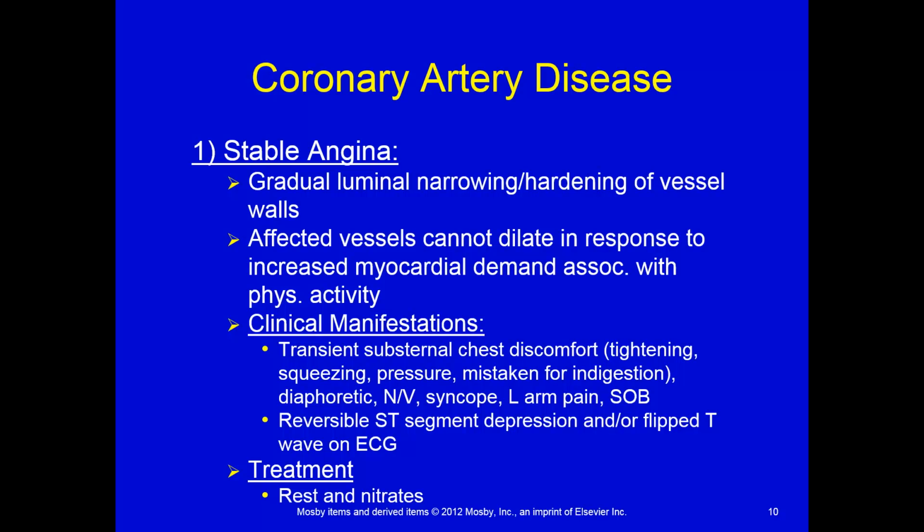So what this looks like is instead of the S wave coming back up to the isoelectric line before the T wave, it looks like this. See the difference? See how the ST segment is depressed below that isoelectric line? That is considered ST segment depression.